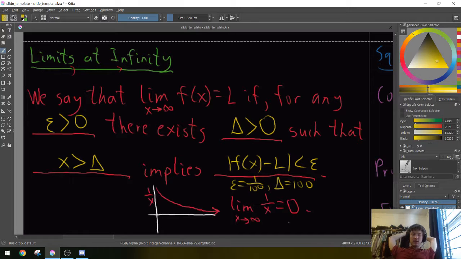So we don't have to write it out, but how would you define the limit as x goes to negative infinity? So what would the definition of the limit as x goes to negative infinity of f of x equals L be?